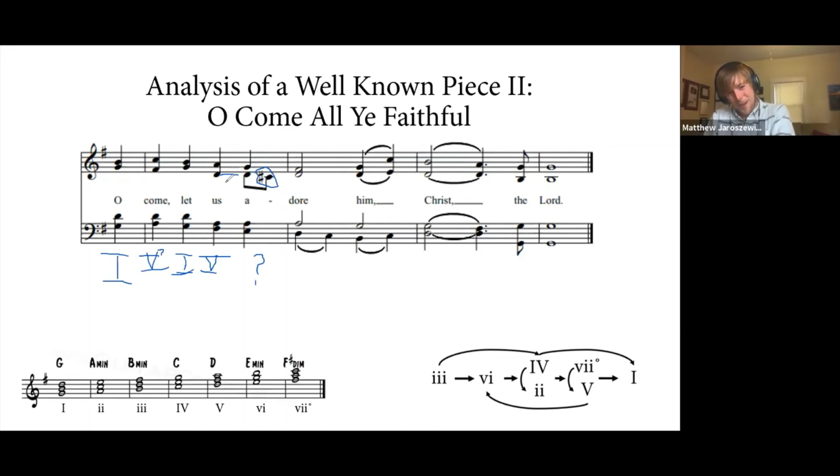That seems unresolved, which is why it has to go down to that C sharp. It's called a suspension. Question mark chord leads us back to 5, which then adds a 7th in the bass.